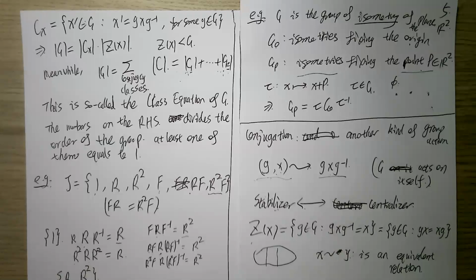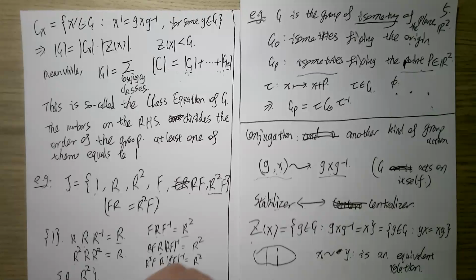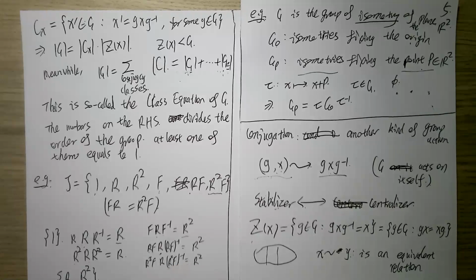Then maybe just use the theorem we introduced above. What's the theorem? The order of the whole group is 6, and we have 2 conjugacy classes, one with 1 element in it and one with 2 elements in it.